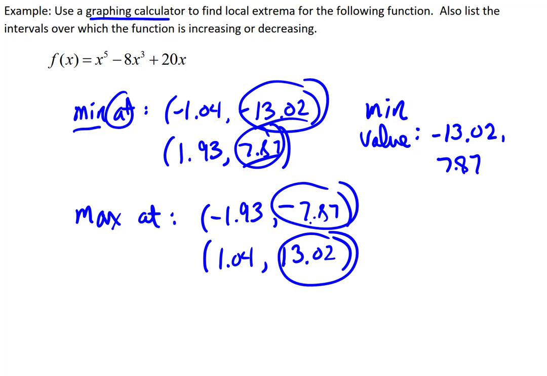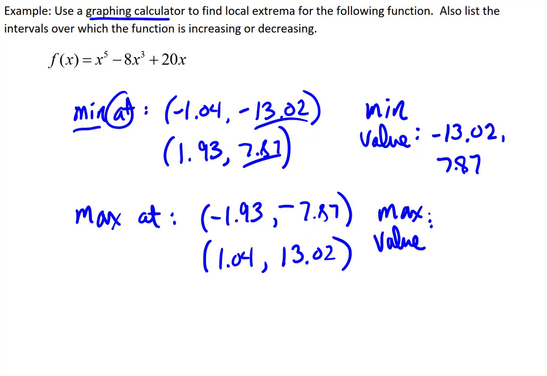That doesn't always happen, but if a graph is symmetric in a certain way, then you will see those repetitions. So we'll recall that our max value is actually the y-coordinates of our points here that occur at the peaks of this graph. And so negative 7.87 and 13.02 would be our max values for this function.